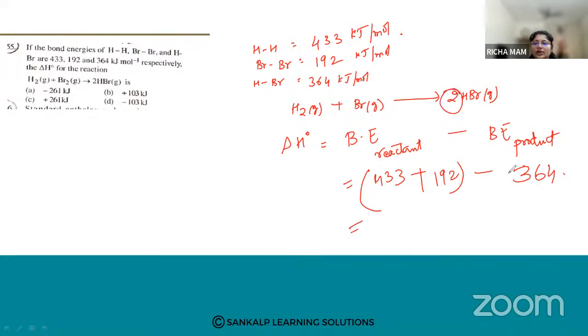You have 2 here, so 2 into 364 is 728. So 625 minus 728. After solving this, you are going to get minus 103 kilojoules. Option number B. So this is the delta H naught for the reaction.